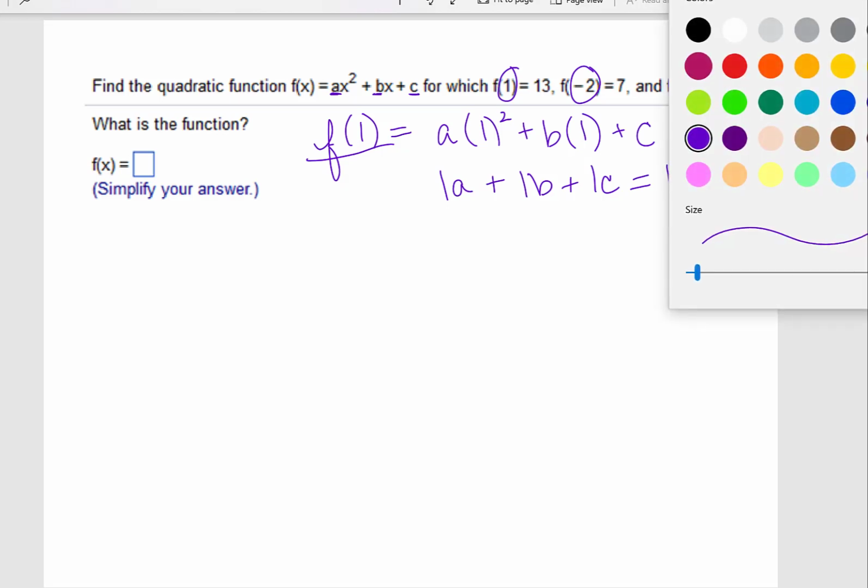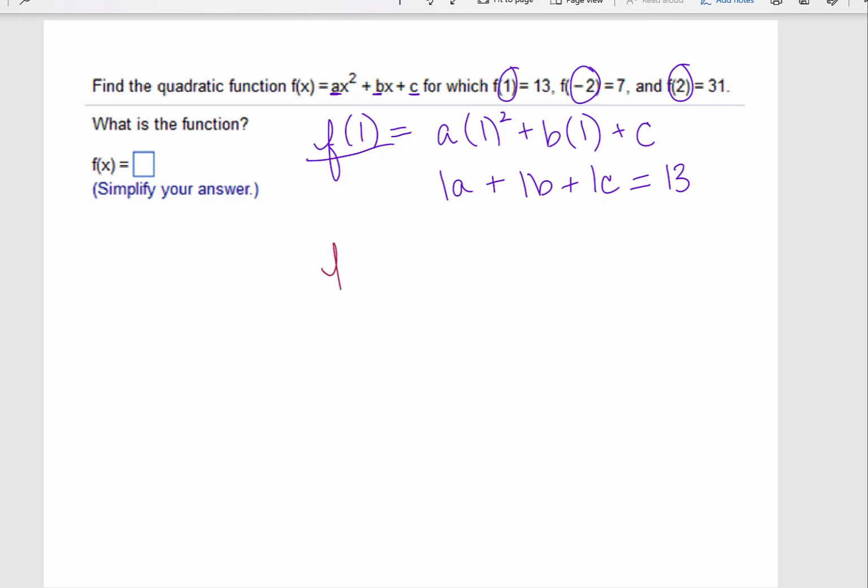Okay? I'm going to grab a different color. So f of negative 2, a times, putting in a 2 everywhere here. So negative 2 squared plus b times negative 2, and then plus c, because there's no x by c, right?